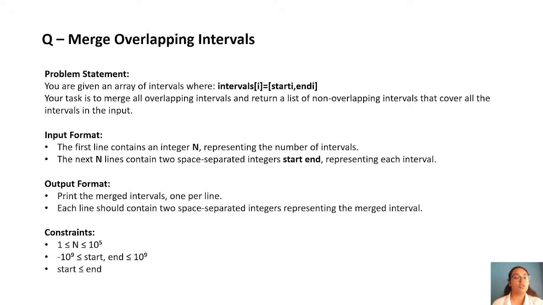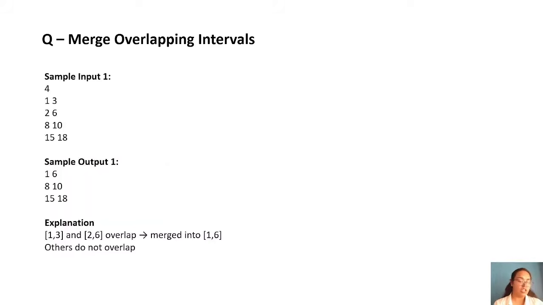Okay. So what we have to print as the output format: we have to print the merged intervals one per line, and each line should contain two space separated integers representing the merged interval. So let's see how the sample input 1 and sample output 1 look. You can see the first element that you are having is 4. 4 represents the size of the array.